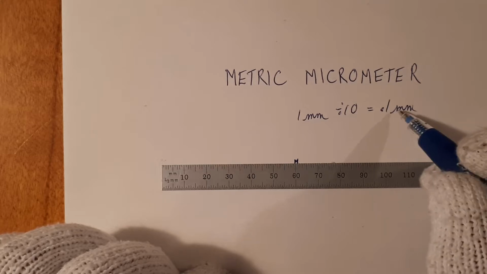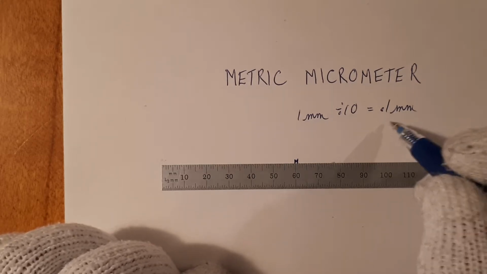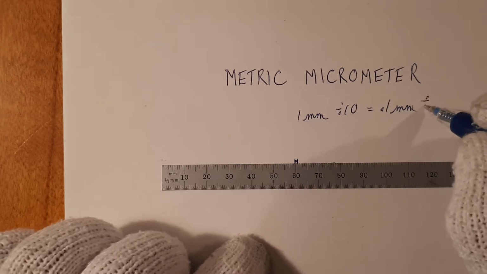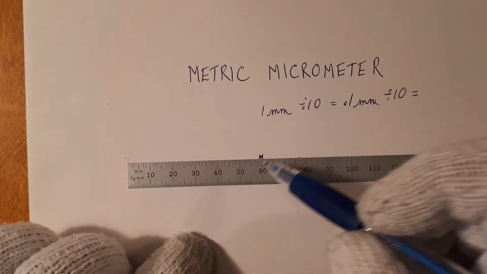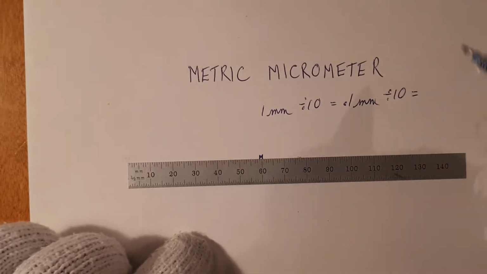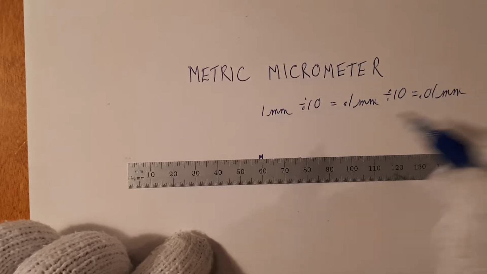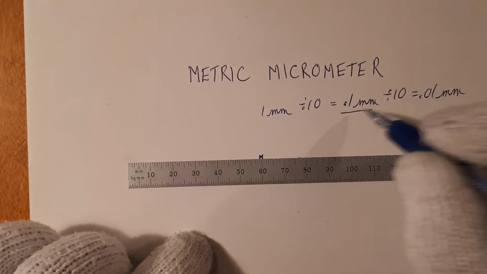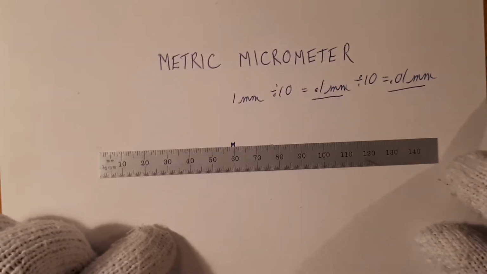Now imagine I take that 0.1 millimeters and section it into 10 little spaces again. So divide this by 10 one more time. Then each little line, even though I can't see it and I can't physically do it here, would represent 0.01 millimeters. So the discrimination here is 0.1 millimeters and the discrimination there is 0.01 millimeters.